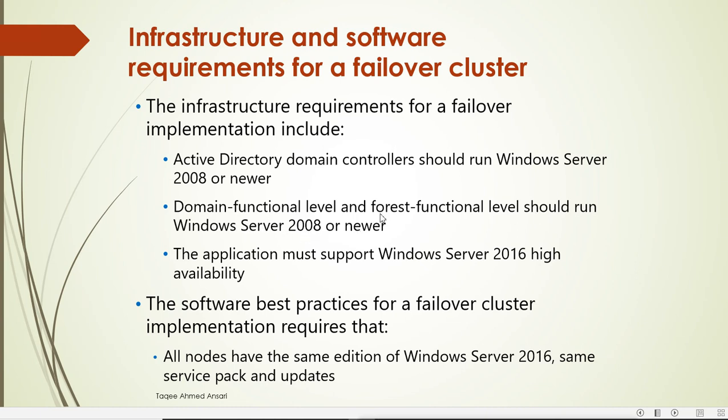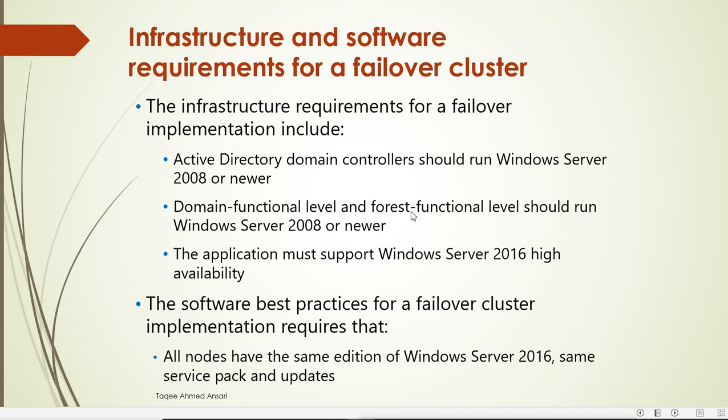The domain functional level and forest functional level decide what kind of domains can exist in the forest or domain. Suppose the forest functional level is Windows Server 2008, that means in the forest we can have domains of Windows Server 2008, 2008 R2, 2012, 2012 R2, and 2016 also. But if the forest functional level for Active Directory is set to 2016, then we can only have 2016 domains in our forest.